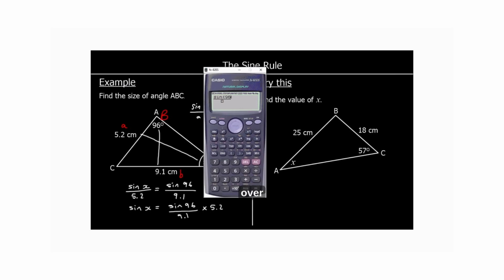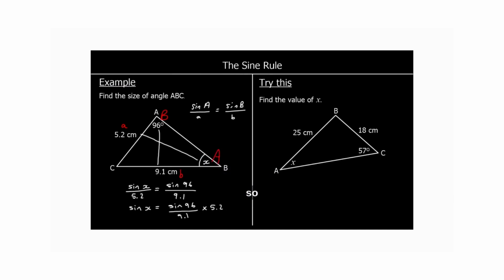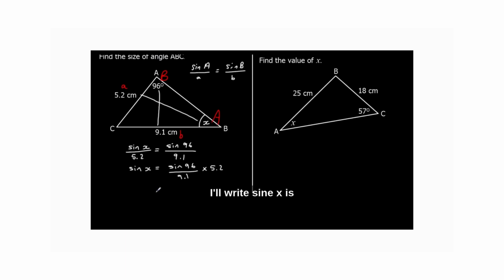So sine 96 over 9.1 times 5.2. So we've got 0.568 and so on. So I'll write sine x is equal to 0.568 and so on.